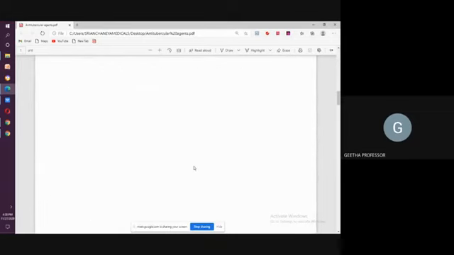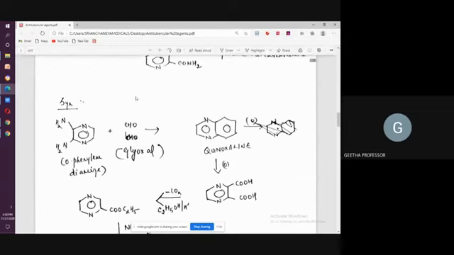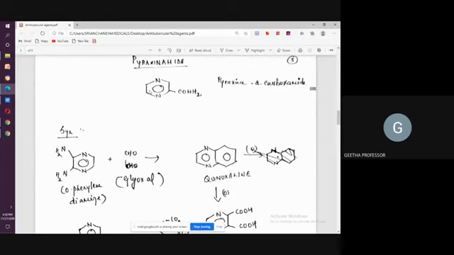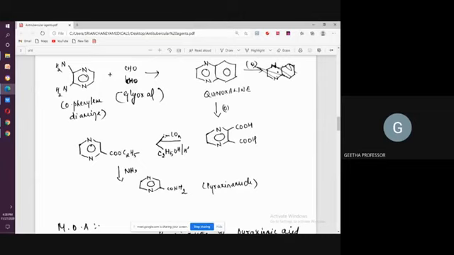Coming to the next drug, pyrazinamide. Pyrazinamide is a 6-membered ring, pyrazine, containing nitrogen at 1,4 positions. We have an amide group, so it is pyrazine carboxamide, pyrazinamide. We take orthophenylene diamine, which reacts with glyoxal, and then there is a ring closure.